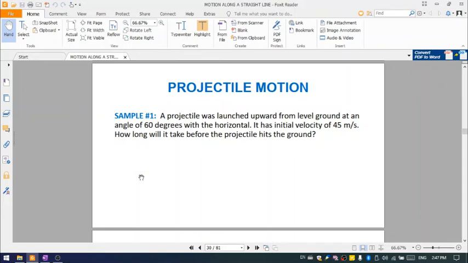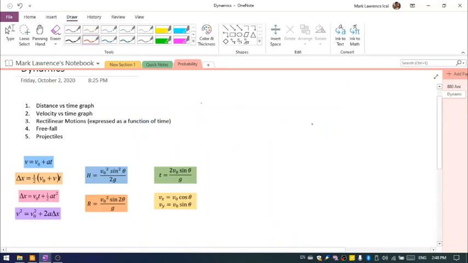Okay, so the very interesting question is, you know the impact velocity, so let's say v, but you don't know the initial velocity.